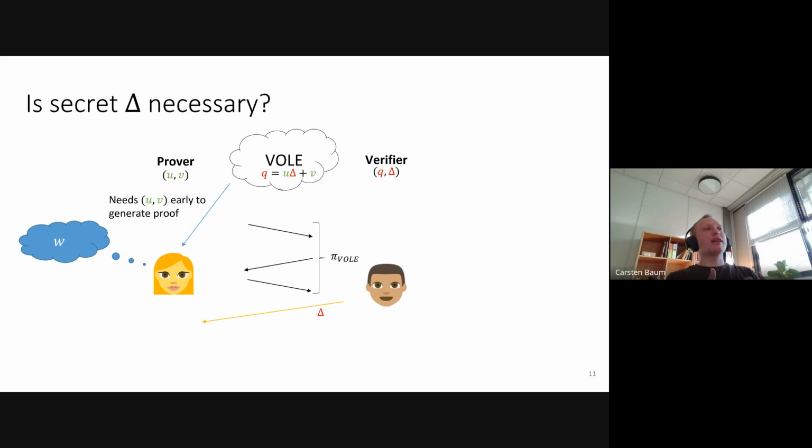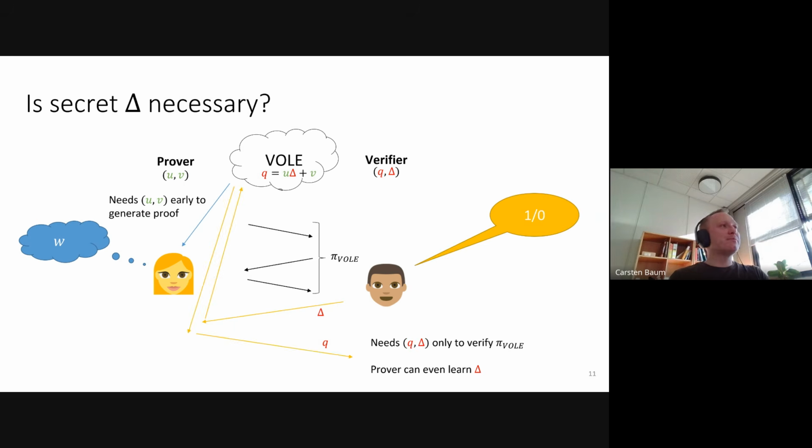We could take her help in giving the verifier his share, Q and delta, as long as this is correct, right? She can't convince the verifier of the wrong thing anymore, of a wrong proof. The soundness of the proof is ensured. She can learn delta. So let's do that. The verifier will give her delta, and she will give Q to the verifier as long as the verifier can verify that it's the right Q.